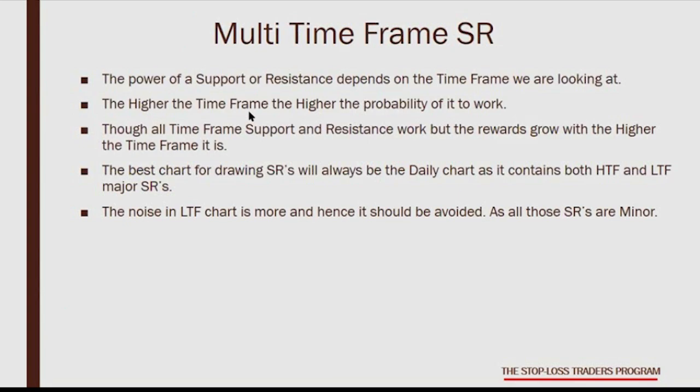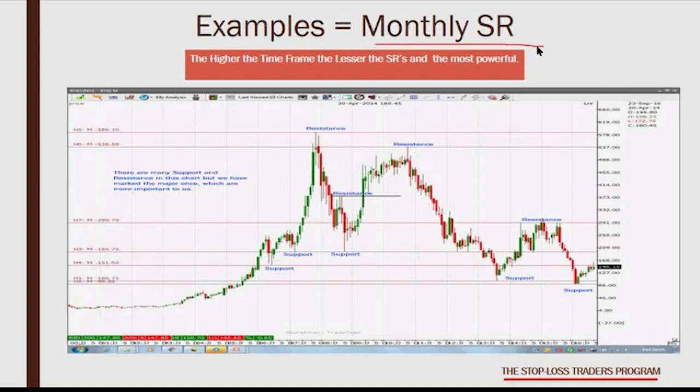It will break the support again. So this is how the price moves. Price never stays in a range forever. It has to move up or move down, right? So understand another point here.